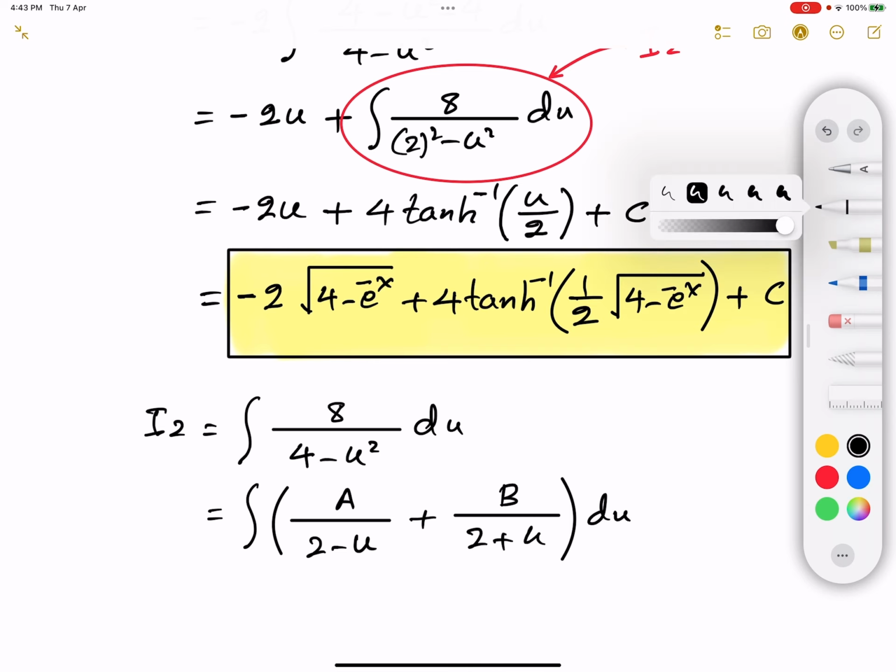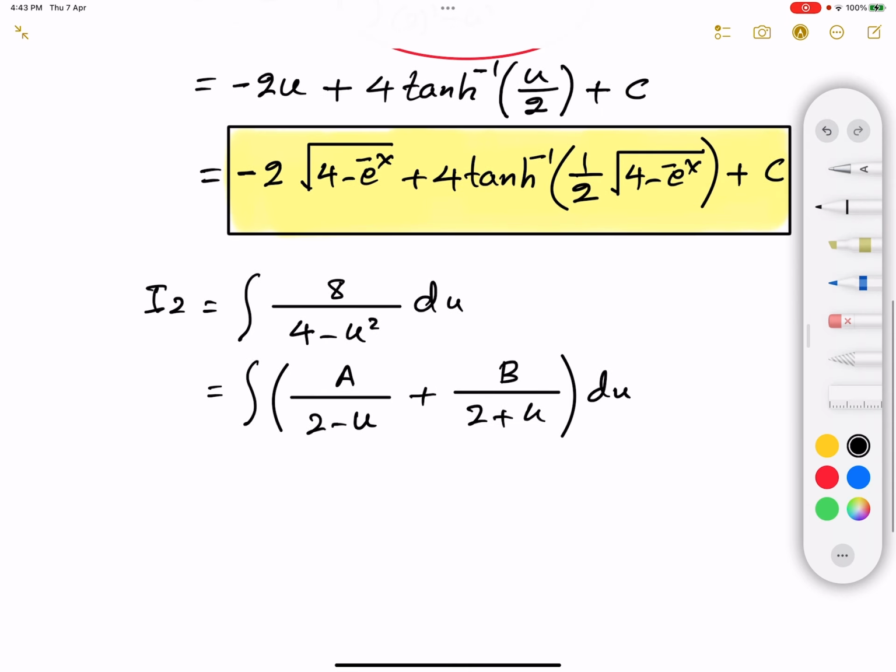Okay, good. Now we want to calculate for A and B. A can be obtained right away by removing 2 minus u from the original expression. So in the denominator we have 4 minus u squared.